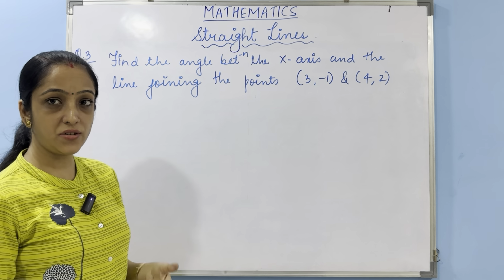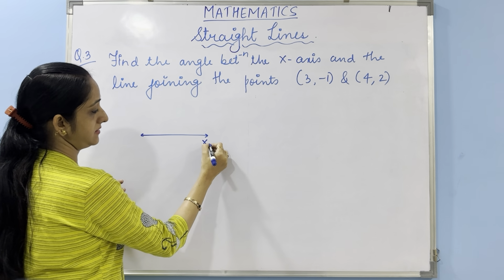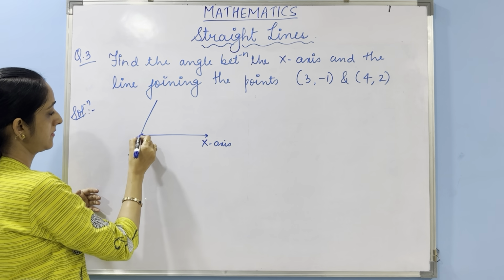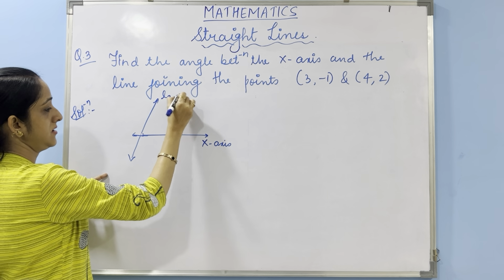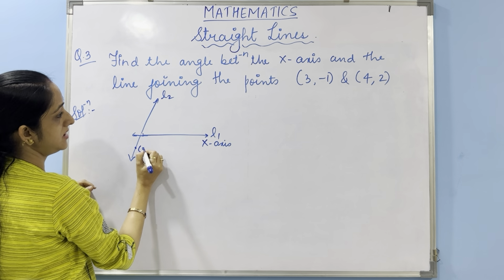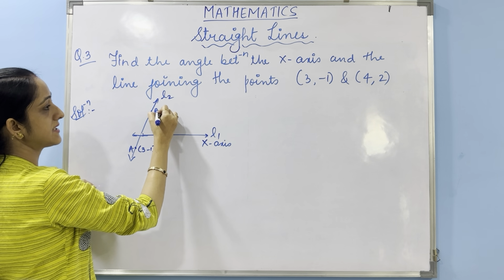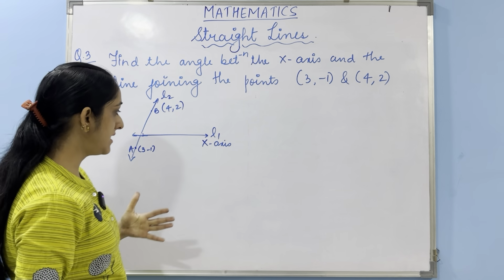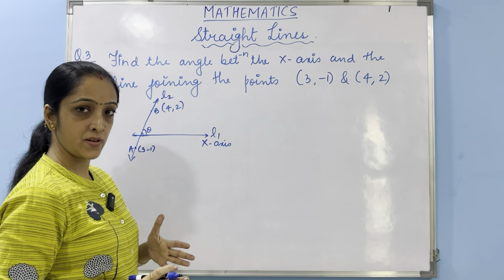So here one of the lines is the x-axis. The x-axis is one line and another line is the line joining 2 points, where the coordinates of one point, suppose it is A, are 3 comma minus 1, and the second point, suppose B, has coordinates 4 comma 2. We need to find the angle between these two lines. Suppose that angle is theta.